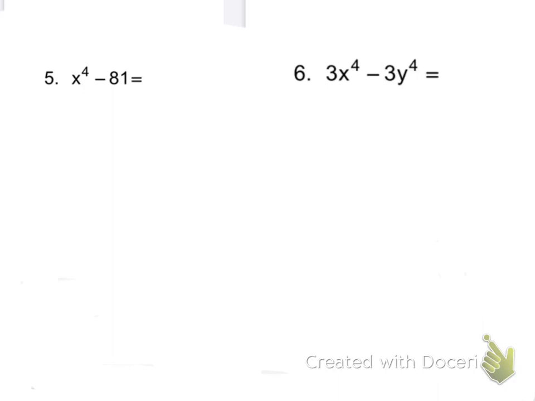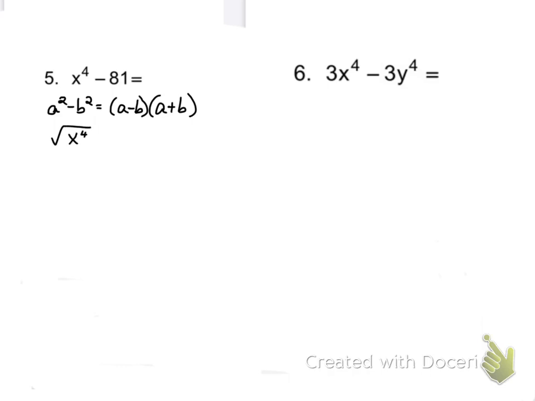So remember, the factorization for a difference of squares is a squared minus b squared is equal to a minus b times a plus b. Okay? All right, so do we have that? Well, what is the square root of x to the 4th power?